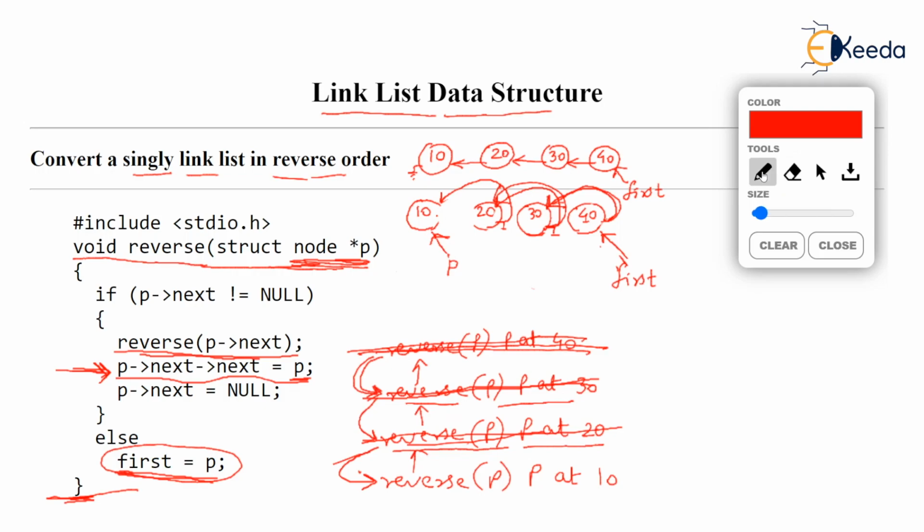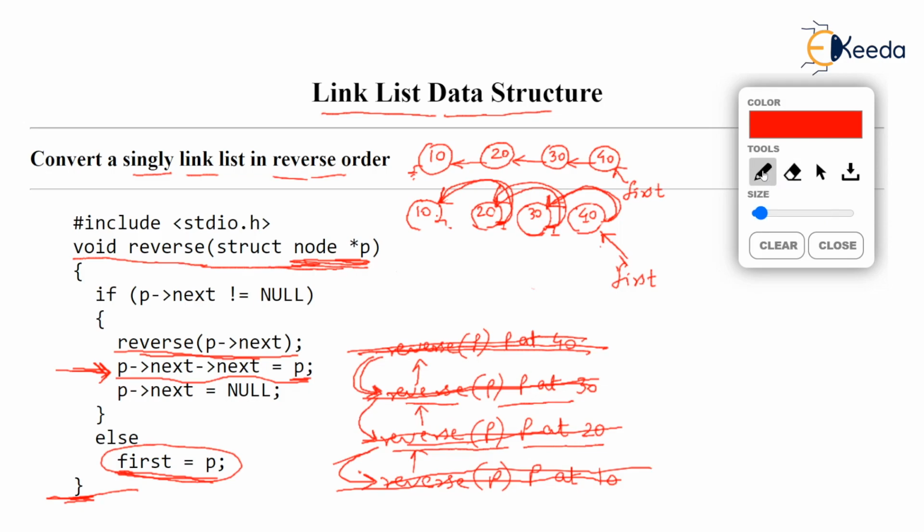I hope you have got this. 10's next has become null. So we have broken the association from 10 to 20, but we have an association from 20 to 10. After P arrow next becomes null, the if ends, so the function ends. So reverse P with P at 10 is getting finished, and the parameter P is going to be destroyed.